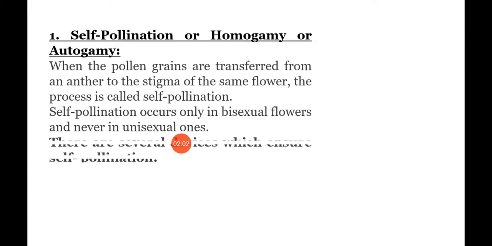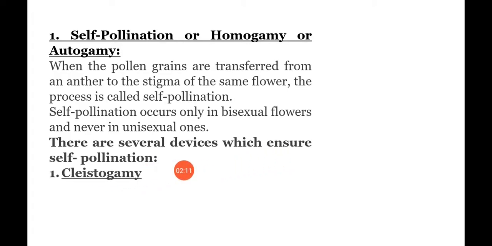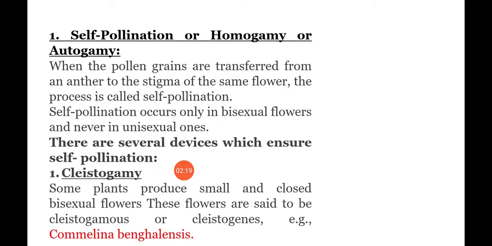Okay, next, there are several devices which ensure self pollination. In that, first one is cleistogamy. What is cleistogamy? In some plants the flowers are smaller in size and they are closed, and they are bisexual flowers.